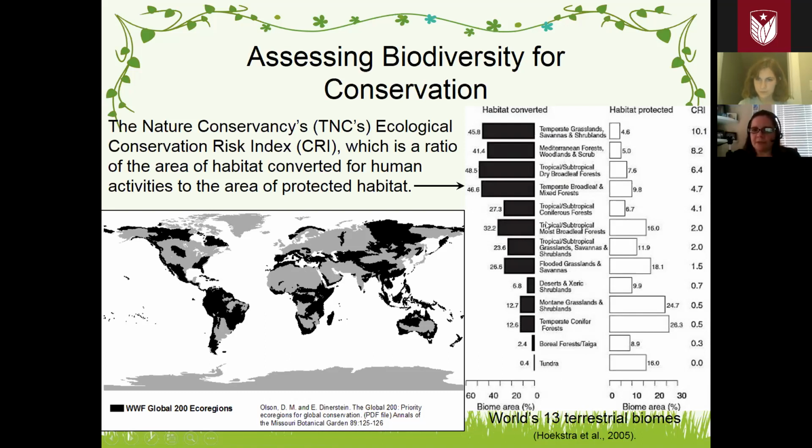For example, tropical and subtropical rainforests have had more habitat converted, but they also have more habitat that has been protected. Temperate grasslands have had lots of land converted for agricultural use, but very little of that habitat has actually been protected.